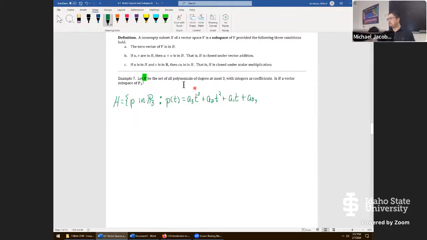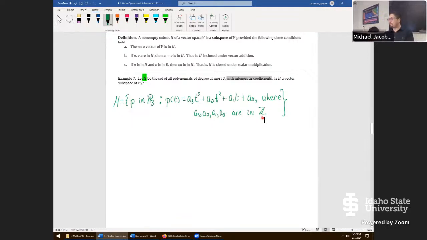We'll say next, well, what was special about this? The coefficients were integers, with integer coefficients. So let's say down below, where A3, A2, A1, A naught are in, and here's a new symbol, not sure if we used it before, it's in this set, Z. Z is the way we indicate the set of all integers.